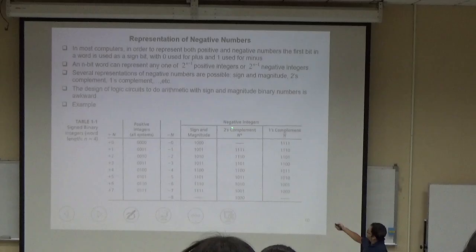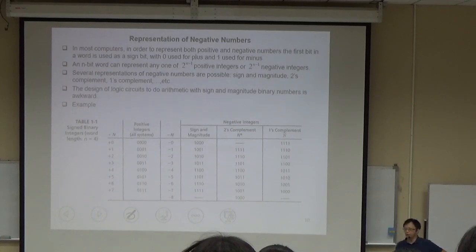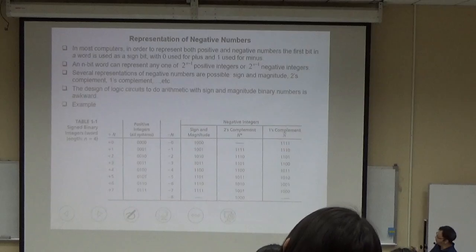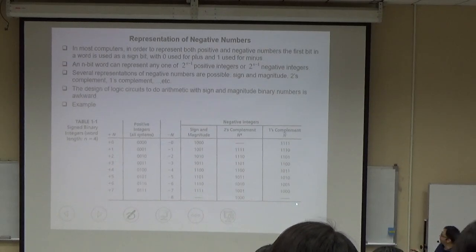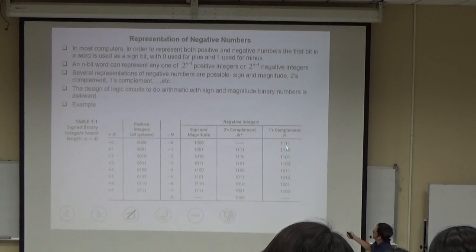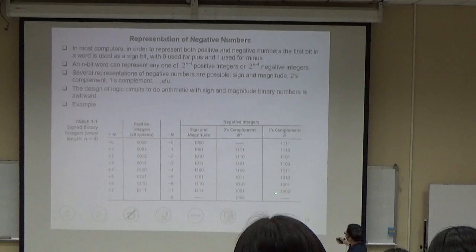However, for 2's complement, it's not quite straightforward. Maybe I should mention the easier one first, the 1's complement system. This is the expression for 1's complement. This one is for -0, -1, up to -7.